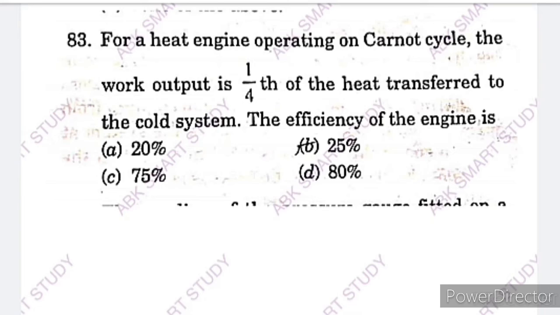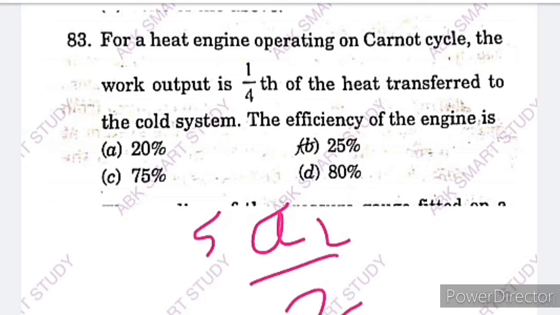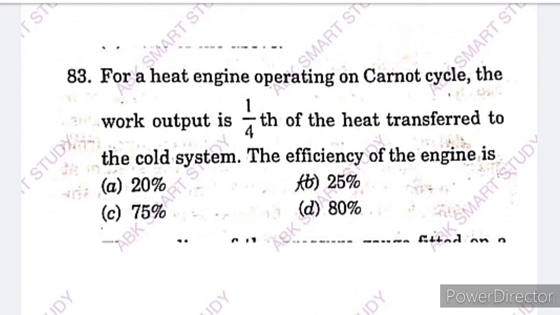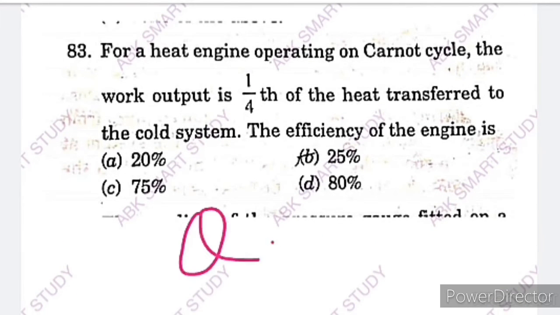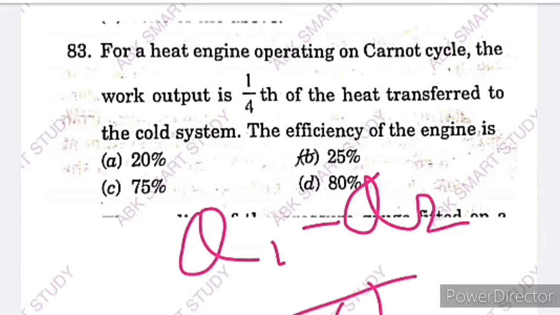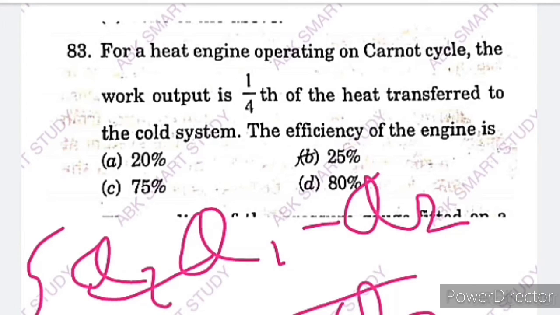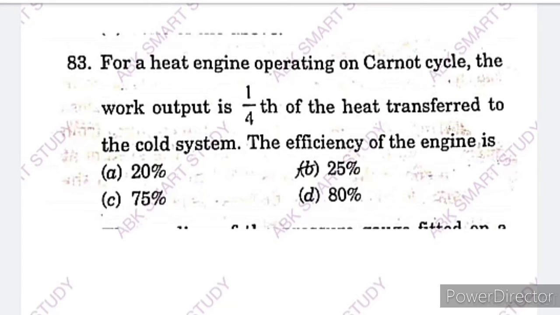Putting the value of Q1 equal to 5Q2 by 4 in that equation, we get efficiency equal to 1/4. 1/4 into 100, that is equal to 25% is efficiency.